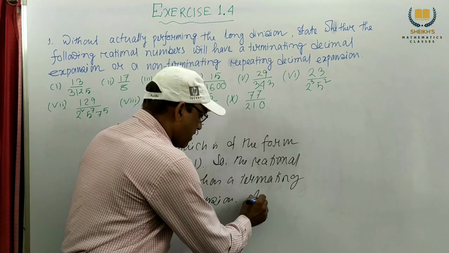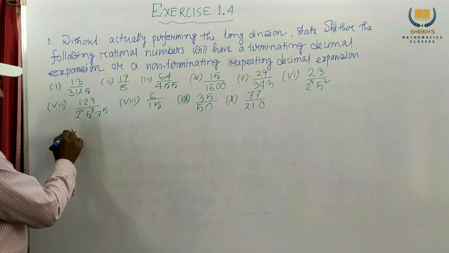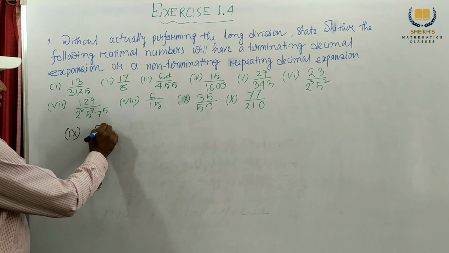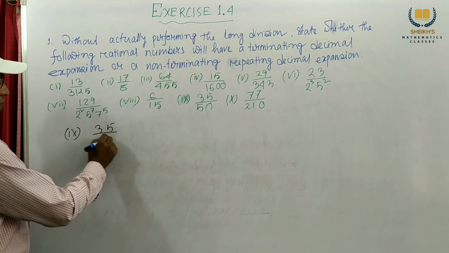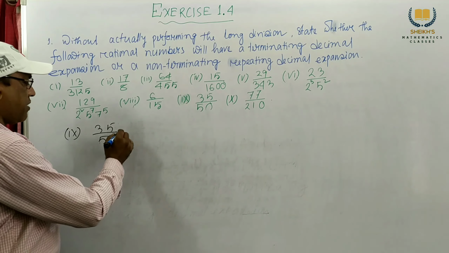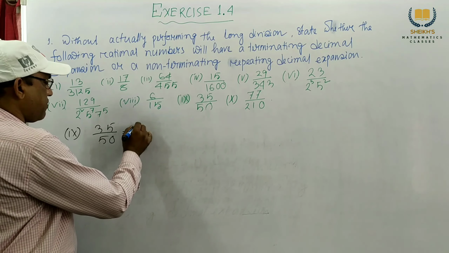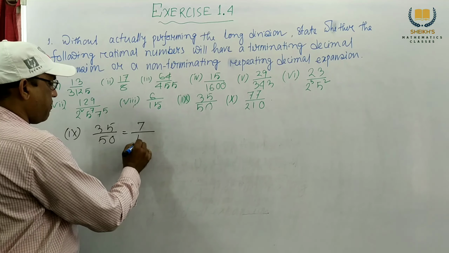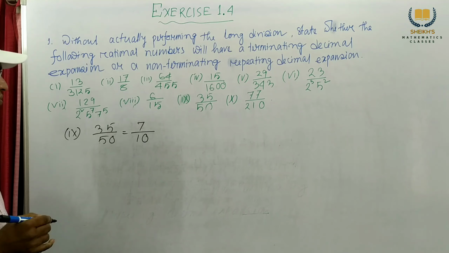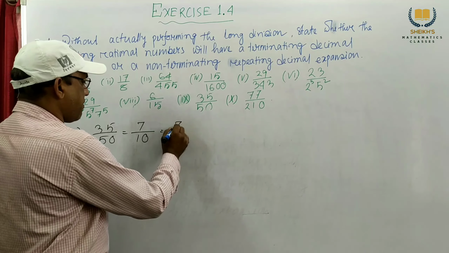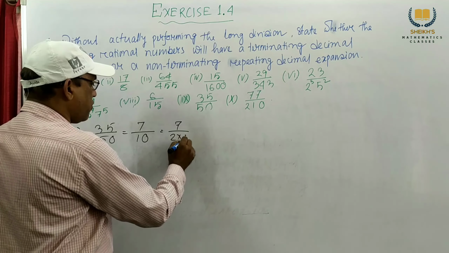So the rational number has a terminating decimal expansion. This is our answer. Number 9, we consider 35 by 50. If we cancel this by 5, 5 7s are 35 and 5 10s are 50. So what we get is 7 by 2 into 5.